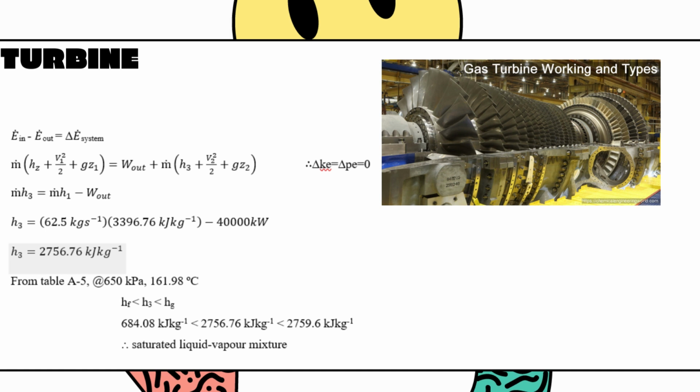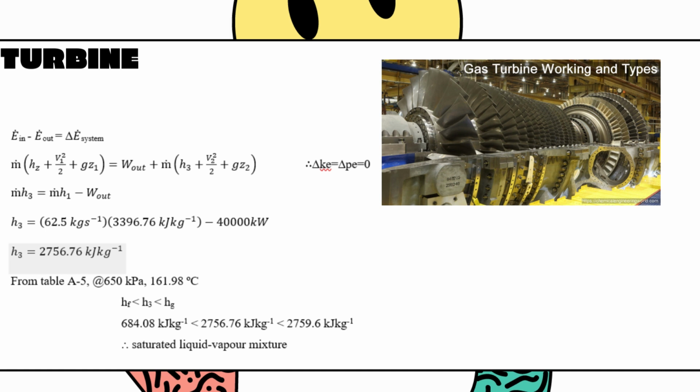So from table A5 at pressure 650 kilopascals and temperature 161.98 degrees Celsius, we can see that Hf is less than H3 and H3 is less than Hg.